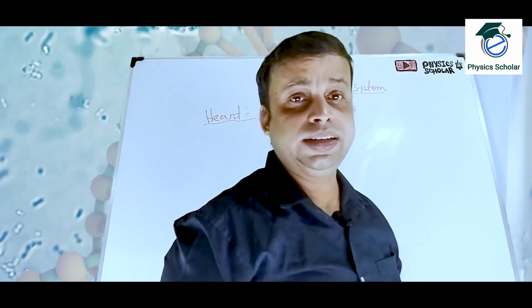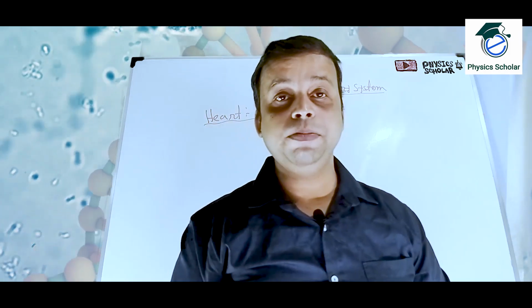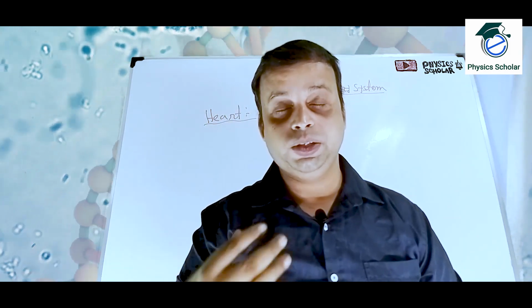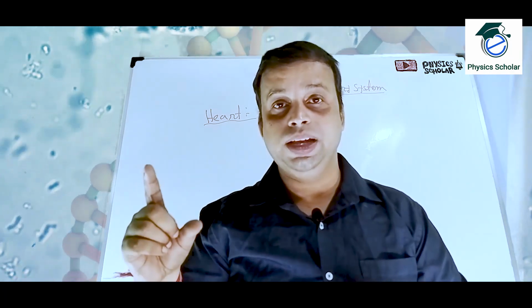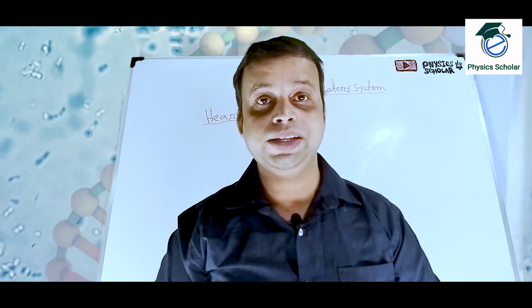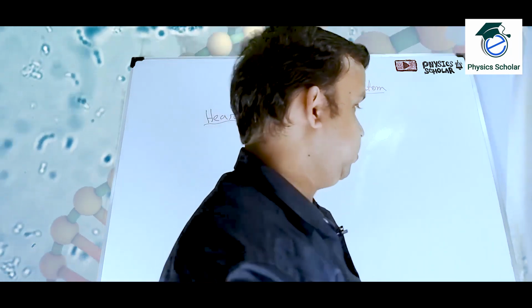So heart is the pumping machine of our body. Clear? It controls the blood circulation to the blood vessels by systole and diastole. So what is systole?